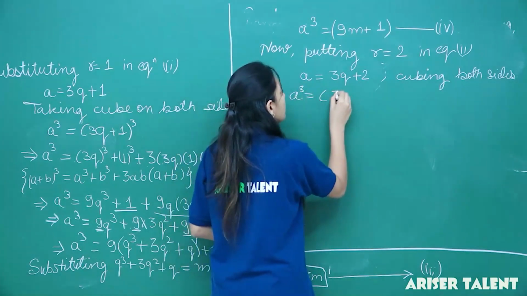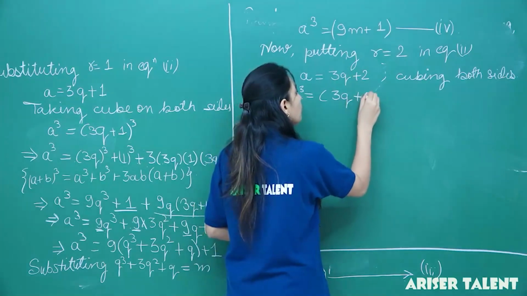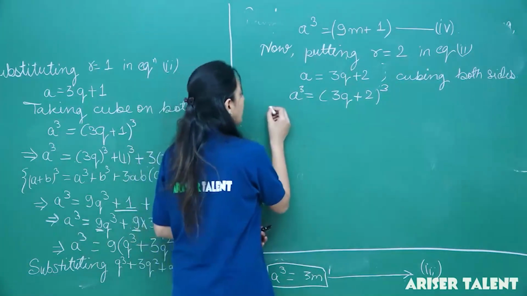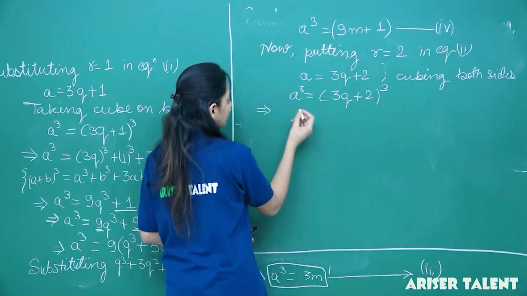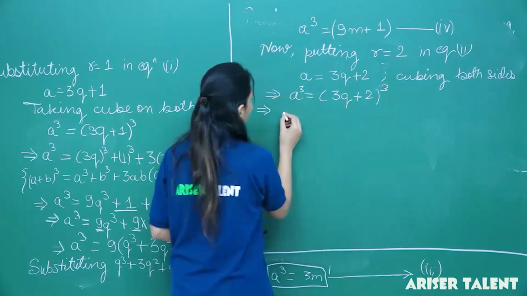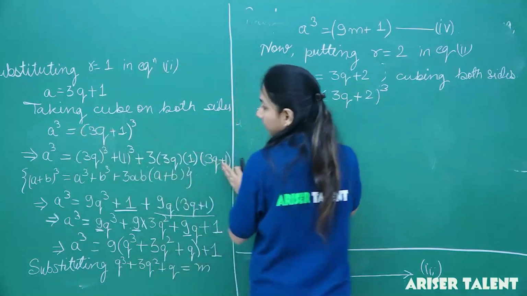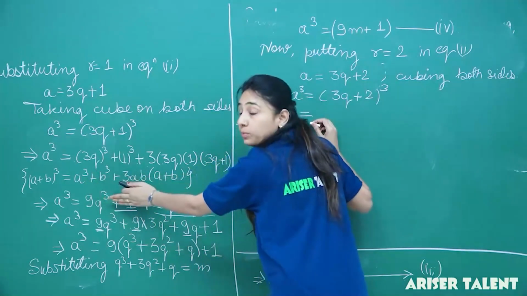A cube will be equal to (3q + 2) whole cube. Now we'll solve it. I have written the formula here: (a + b) cube equals a cube plus b cube plus 3ab times (a + b).